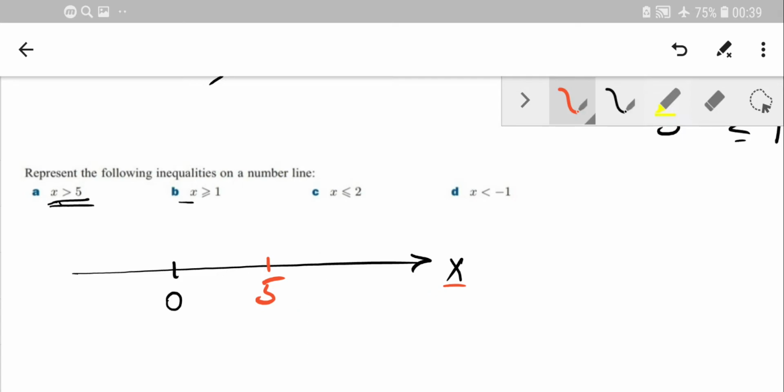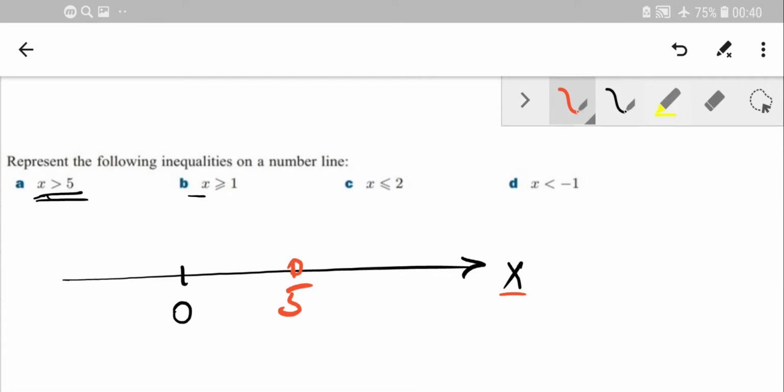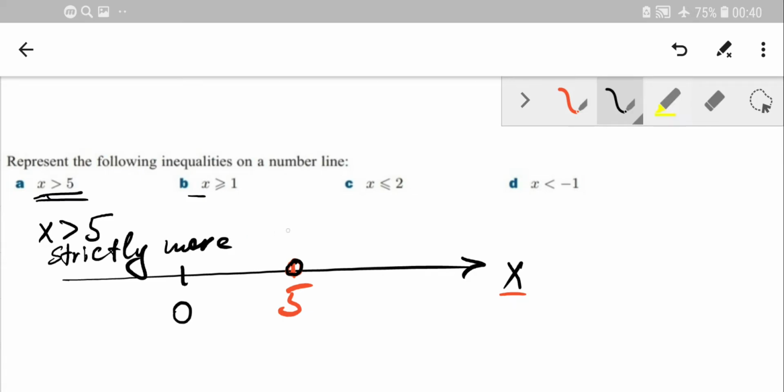How to depict that? Many mathematicians use a specific hollow point in order to exclude the value 5, because in this case the inequality is strictly more, it's called strictly more than 5.